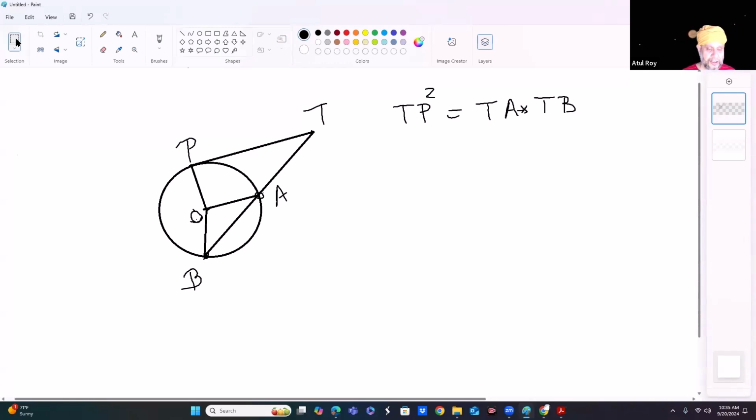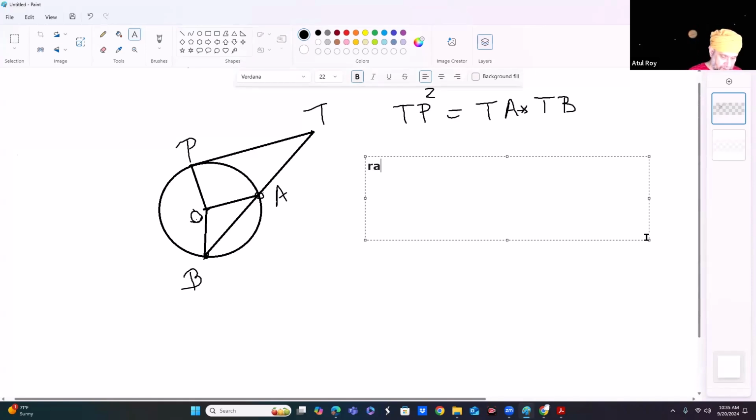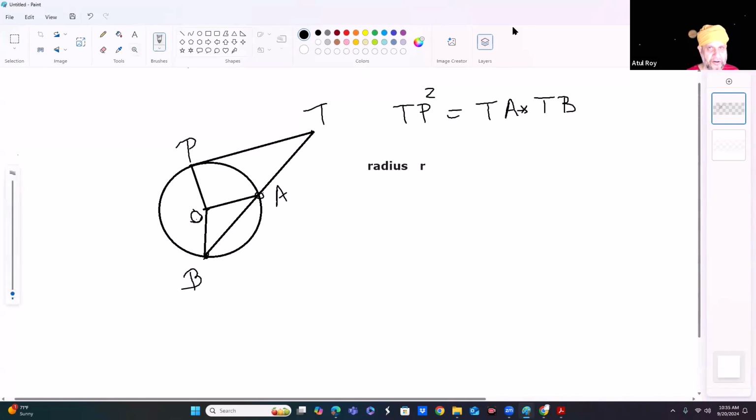So let the radius of the circle be r. If the radius of the circle is r, how much is this distance? Can you tell me, please?